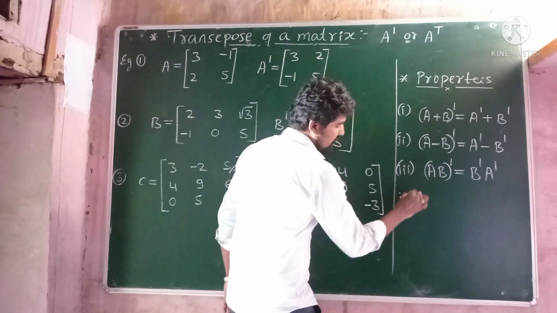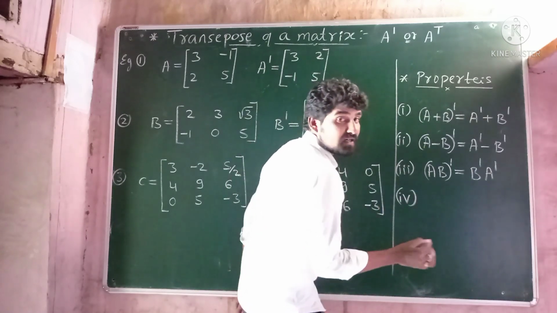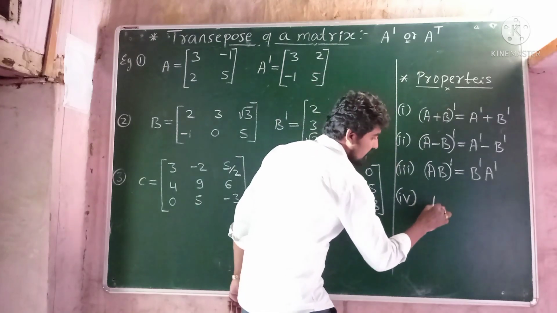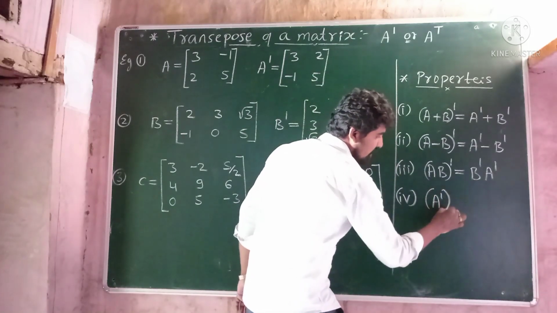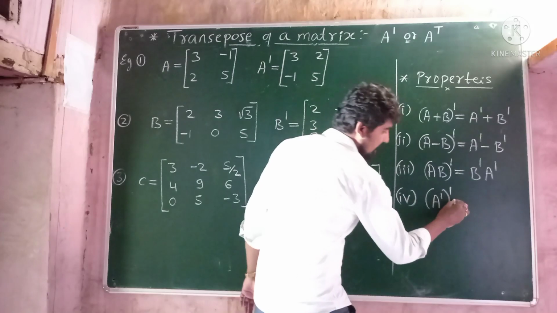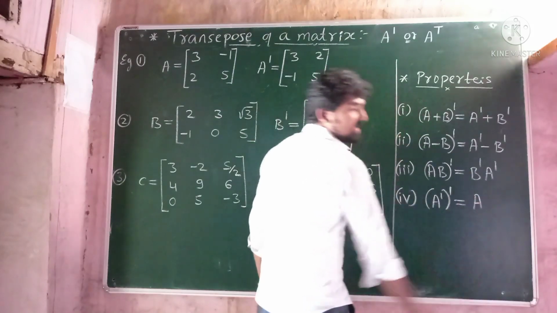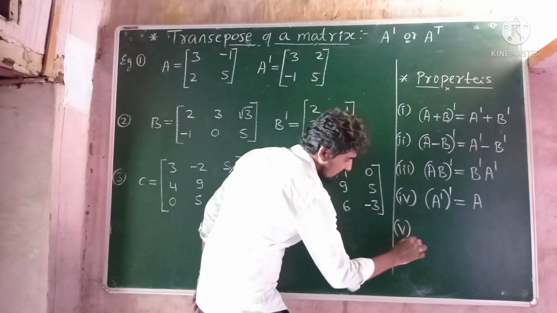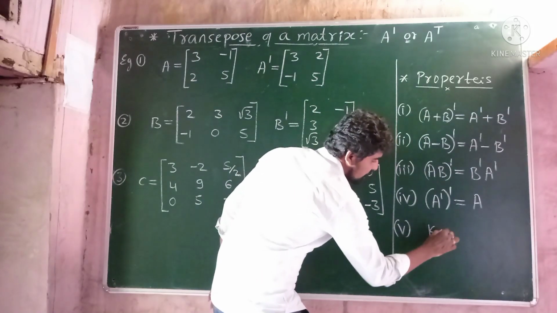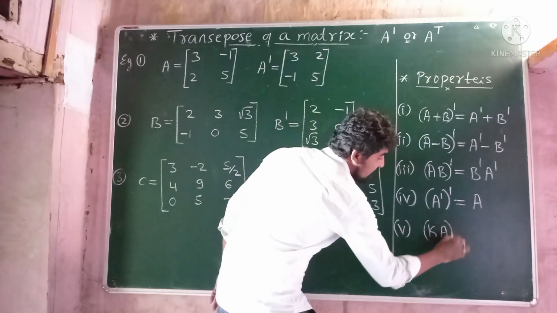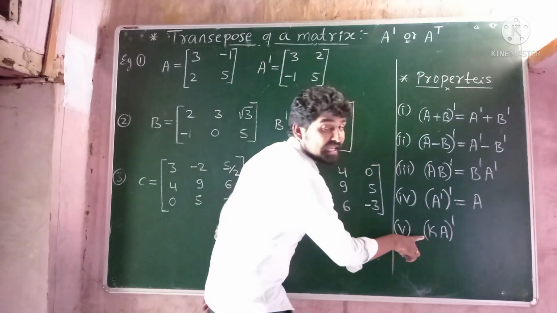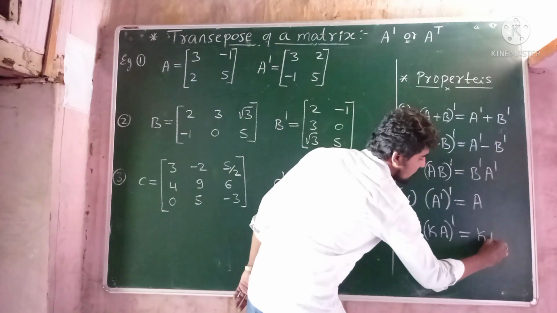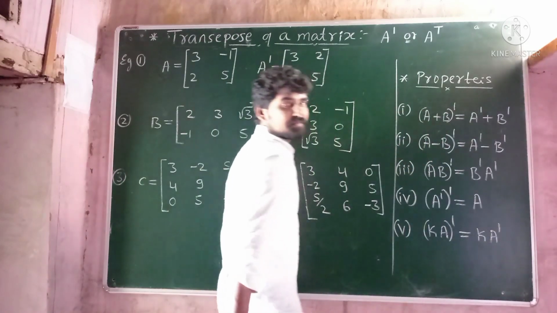And the fourth one, transpose of the matrix A dash, means A dash whole dash, is equal to A matrix only. And the fifth one, transpose of the matrix K into A, where K is any constant, is equal to K into matrix A dash.